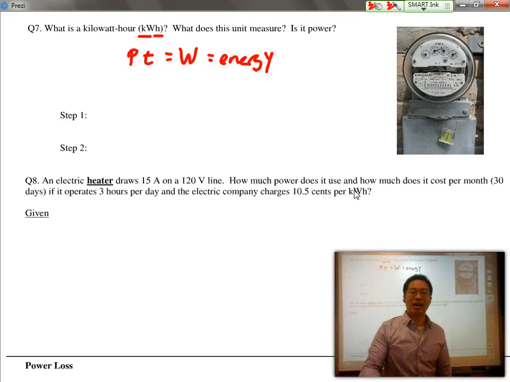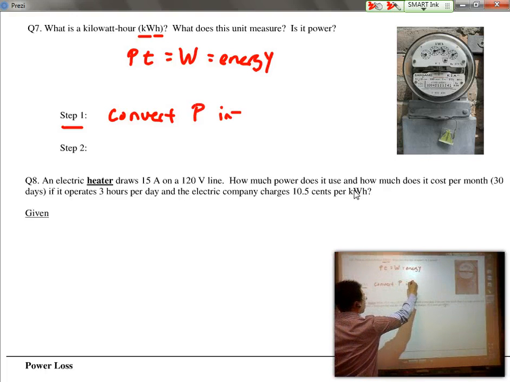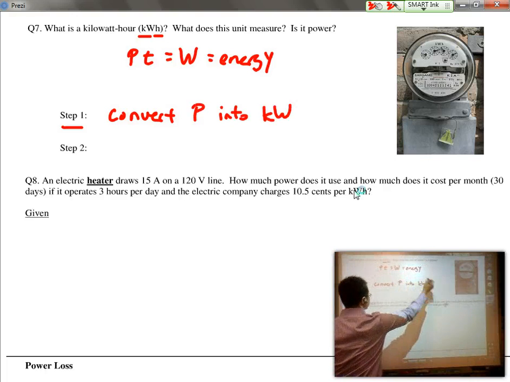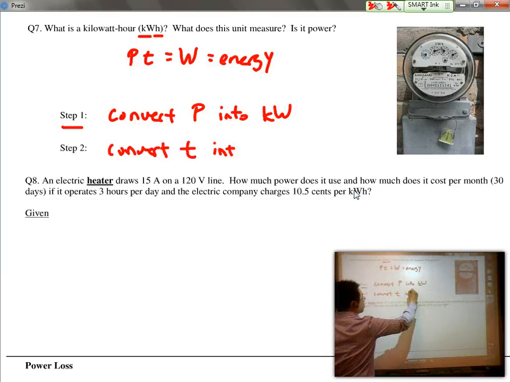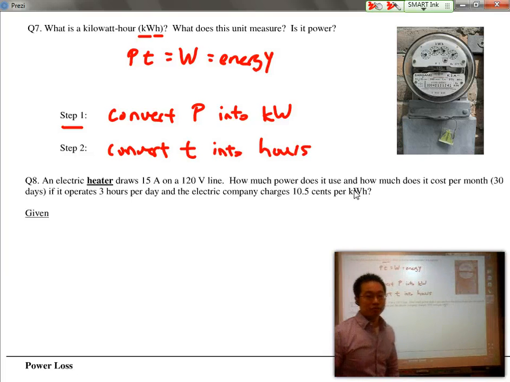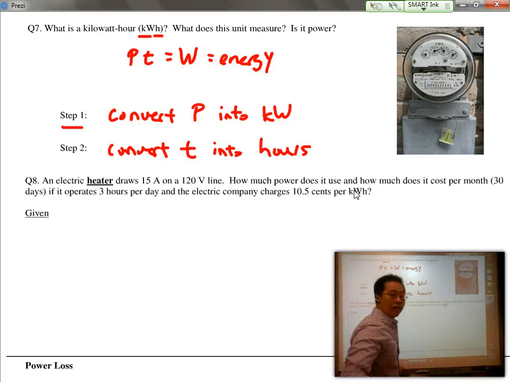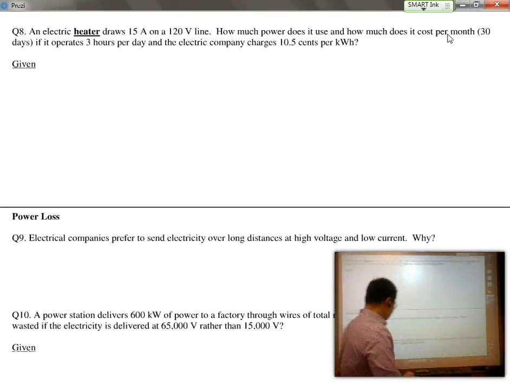It's kilowatts times hour. So whenever you're doing any problem to solve for kilowatt hours, make sure you convert power into kilowatts and then convert time into hours. Okay, and you simply multiply the two. So if you take a look at question 8, they state that an electric heater is drawing 15 amps on a 120 volt line.